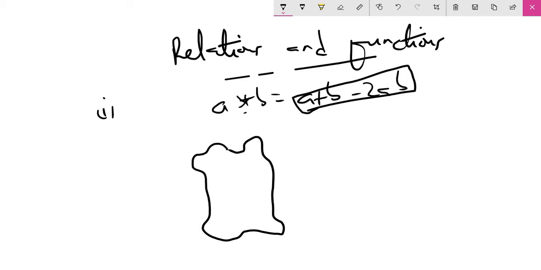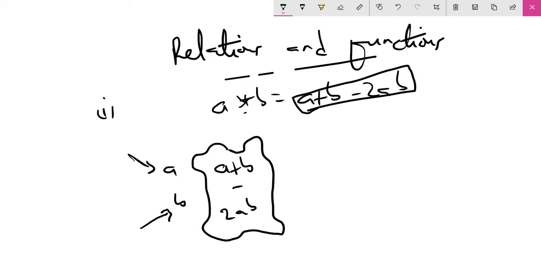Okay, so this particular machine, all it does is it takes two values, A, B, and then it adds A plus B, and then it subtracts 2AB. That's what this machine does.